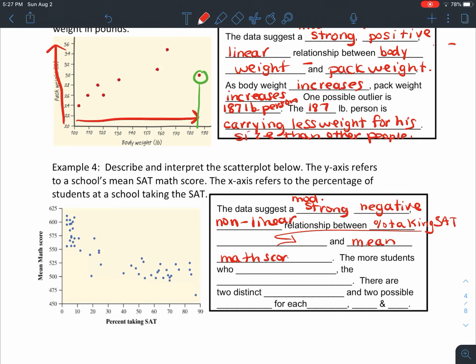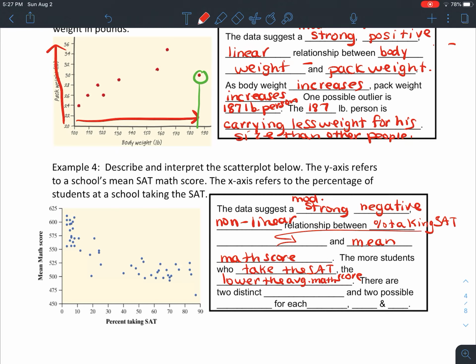And mean math score. Now here's my real world explanation. The more students who take the SAT, the lower the average math score. It feels like the points are going smaller as we move farther to the right.